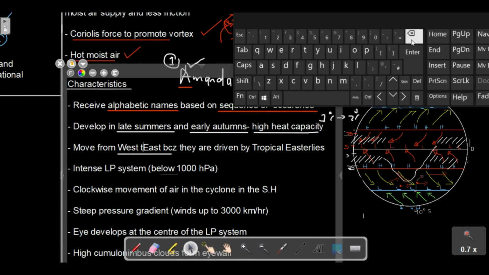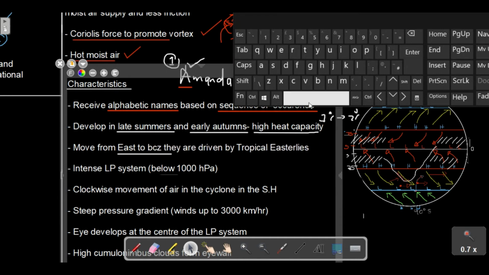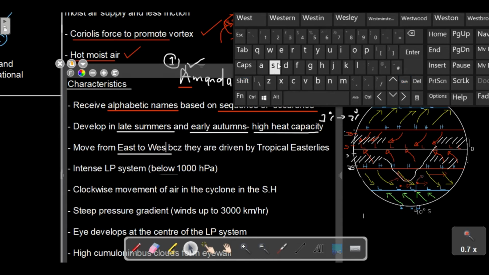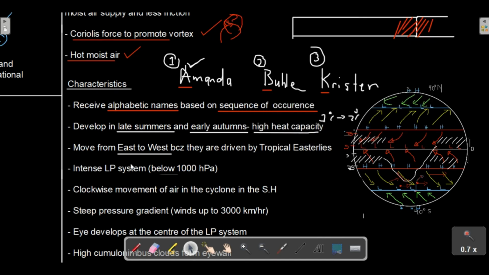Tropical cyclones move from east to west, guys. Sorry about that. Remember, mid-latitude cyclones move from west to east, and tropical cyclones move from east to west.